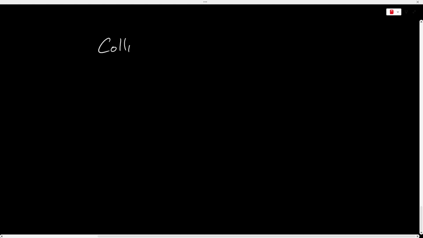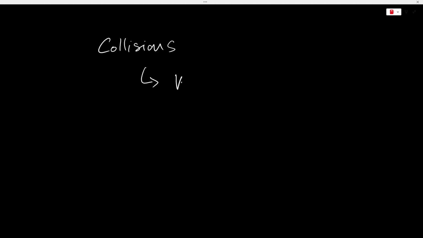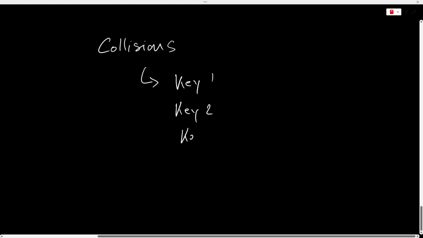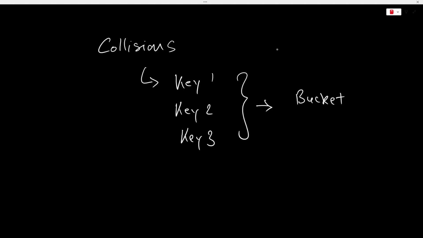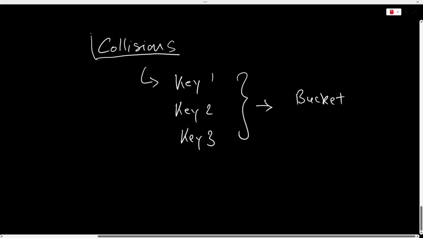Also, I did not mention it, but the case where many keys are mapped to a single bucket, this phenomenon is called collision. So we try to avoid collisions in a hash set.